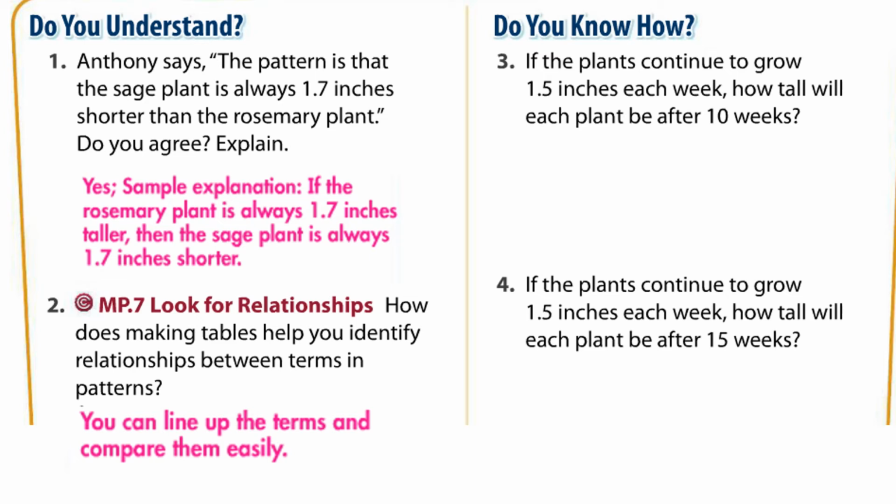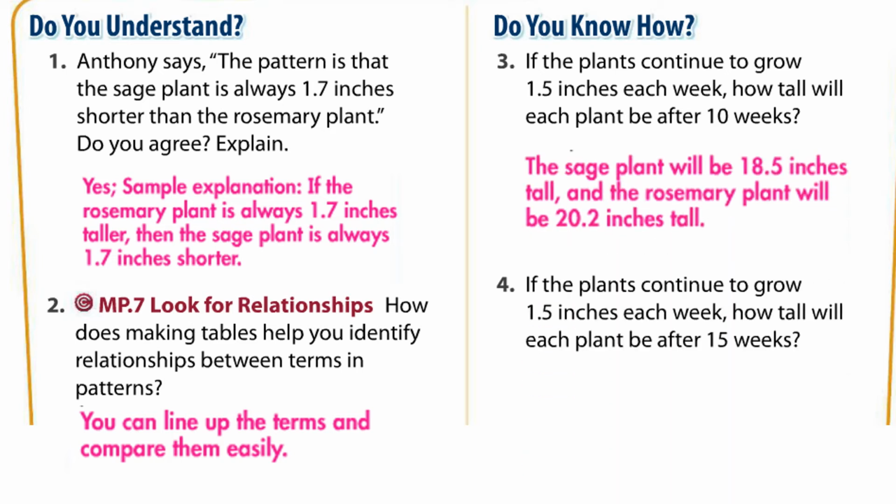Only complete the tables, and if you completed the tables, you can get them easily. So the sage plant will be 18.5 inches tall, and the rosemary plant will be 20.2 inches tall.